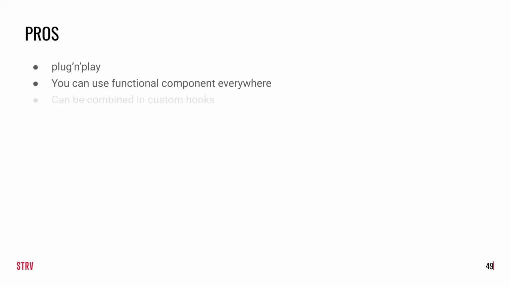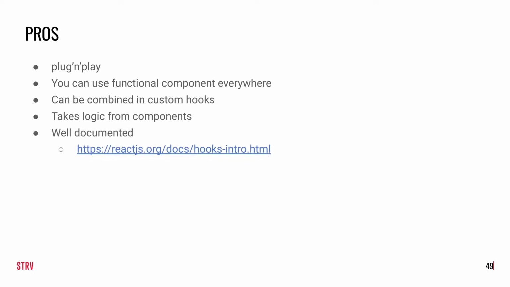Well, and there's some summary for hooks. Pros are that hooks are really plug and play. You can just use them in your component. You don't need to wrap them or rewrite render logic for using them. Hooks provide you a way to use functional components everywhere, so you can get rid of ugly classes. They can be combined in custom hooks, which again takes logic out of components. It's really well documented in the React docs.